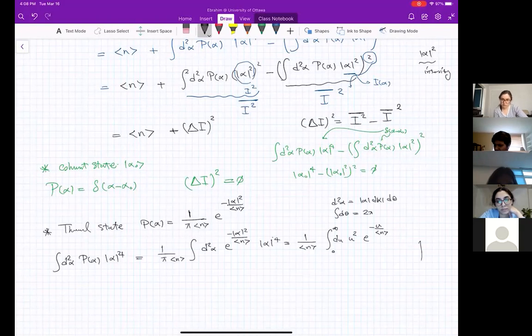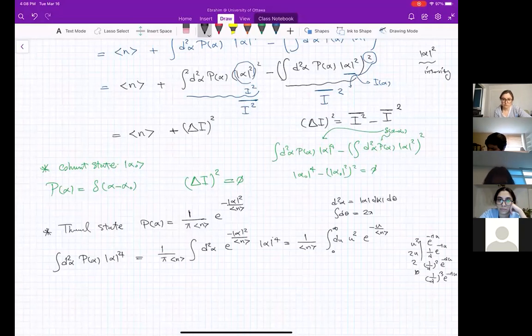Again, the same scenario: you have u², 2u, 2, and finally 0. Then you have e to the power of minus γu, that will be 1 divided by γ, e to the power of minus γu, then 1 divided by γ², e to the power of minus γu, 1 divided by γ³, e to the power of minus γu, and essentially at the end I get 2 factorial, which is 2.